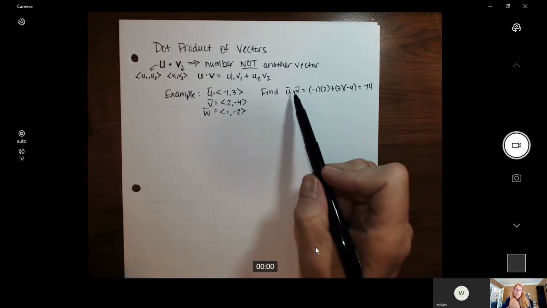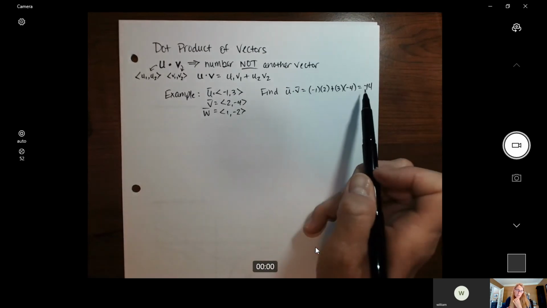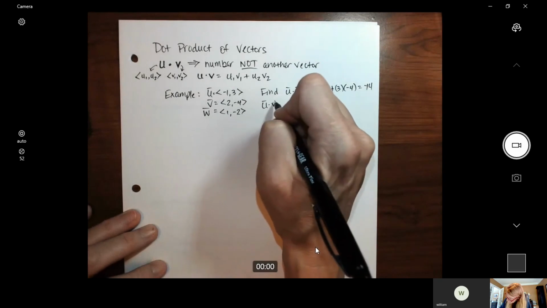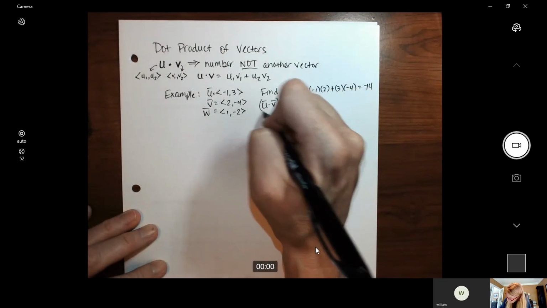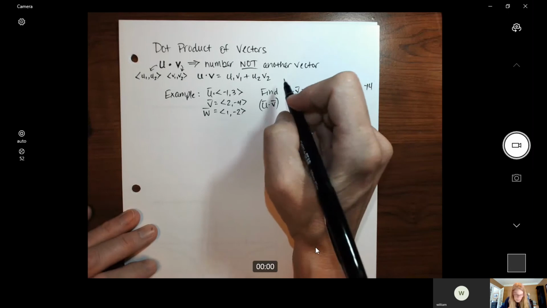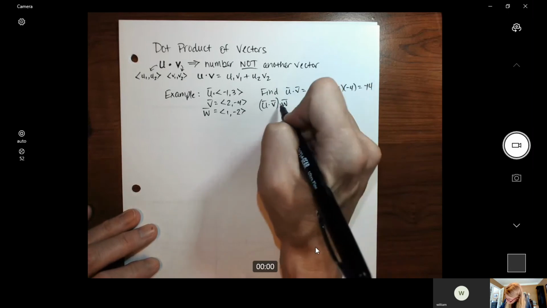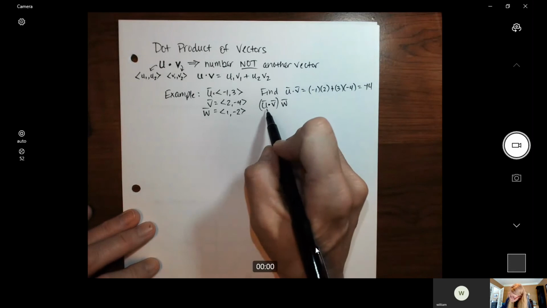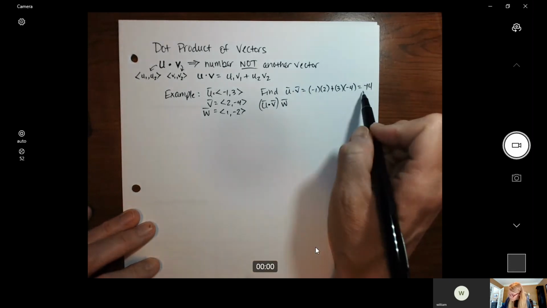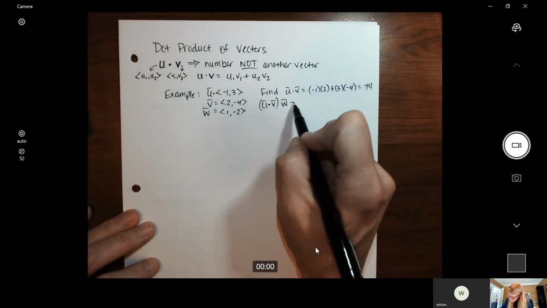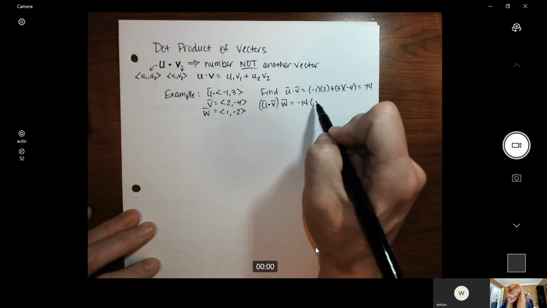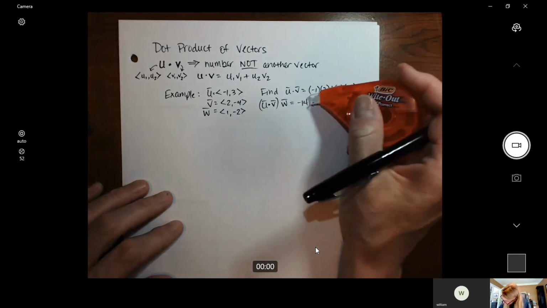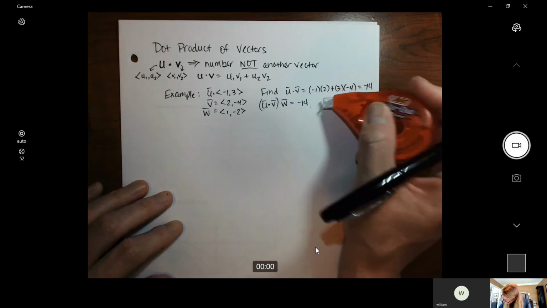So I took two vectors, did the dot product, and I ended up with just one number. What happens if I did u dot v, but then that is times w? This is not a dot in here. The only dot is right here. So what's going to end up right here is a number. We actually already figured that out. And then we're going to take that number and multiply by w. We're going to do a scalar multiplication of vector w.